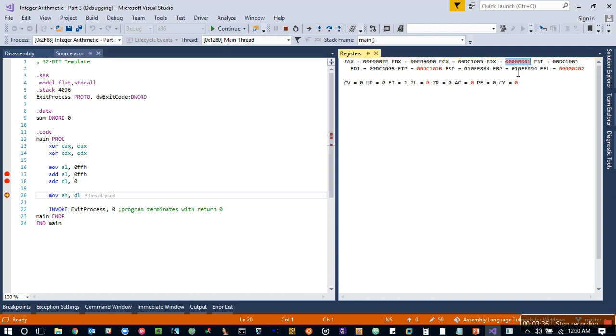We got the value from the carry into EDX, and now we want to move that DL value into the high byte. So now our EAX is this. After I run through it, it's not a specialized instruction, it's good old move instruction. So I made that up and it works. Now we have restored that bit.